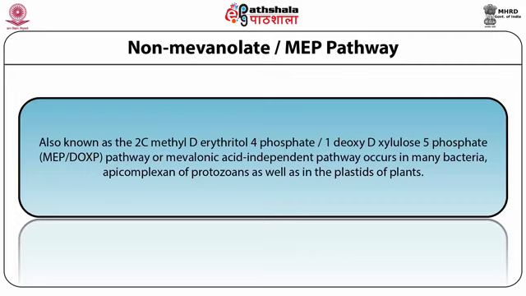The products of both mevalonate and non-mevalonate pathways are isopentenyl pyrophosphate and dimethylallyl pyrophosphate.